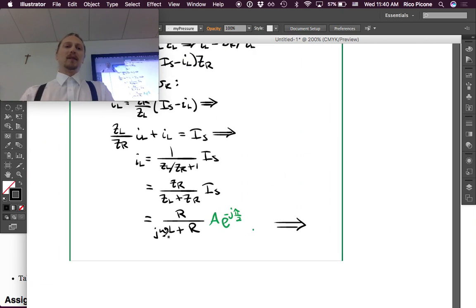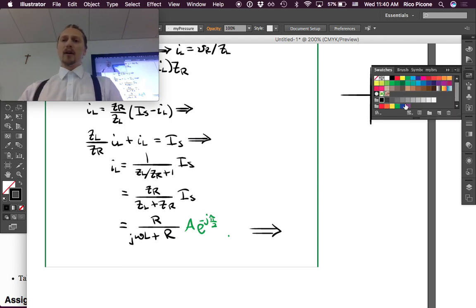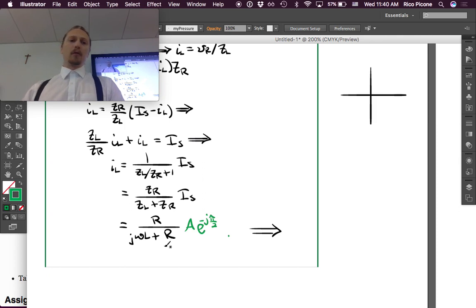we define it to be, it's the magnitude of this denominator, right? So if we look at this in the complex plane, it's always useful to think about things in the complex plane. Complex plane, we have our real component is the resistance.